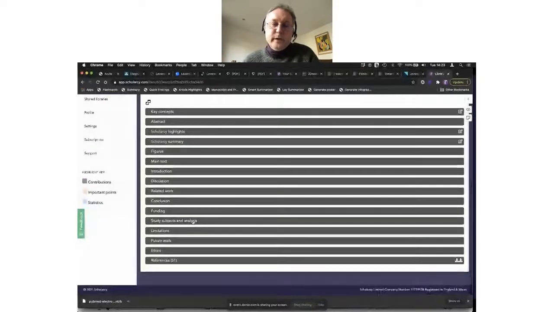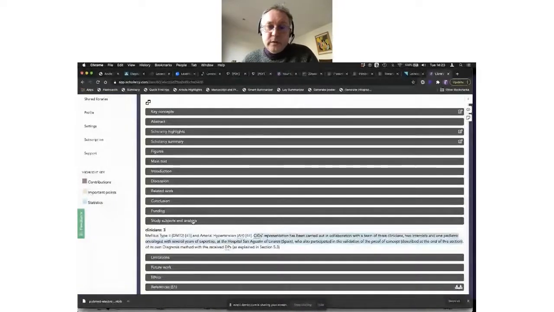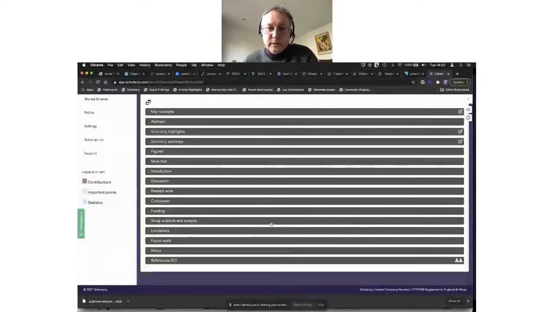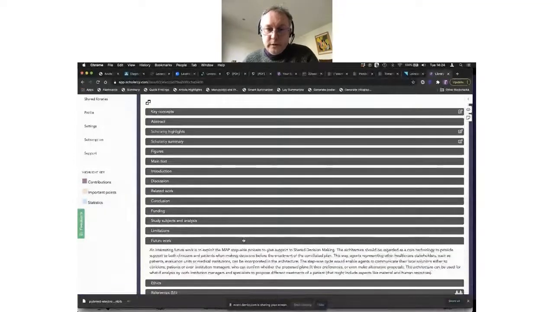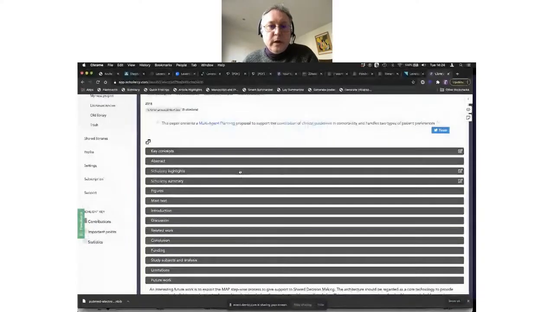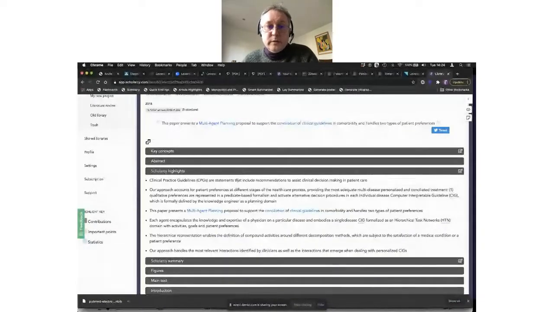So one useful thing, again, one of our screening strategy checklist items was, do they talk about the study subjects? So let's have a look. This study involved 3 clinicians, 2 internists and 1 pediatric oncologist. And what it looks like is this was a modeling paper. So they didn't actually run this with real patients. What they did do is, let's have a look at the highlights that Scholarcy has extracted for us.